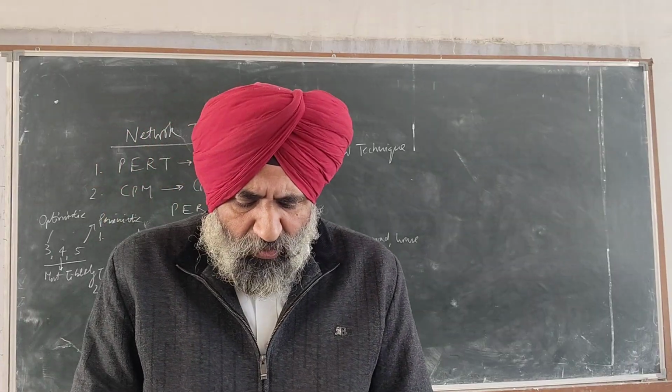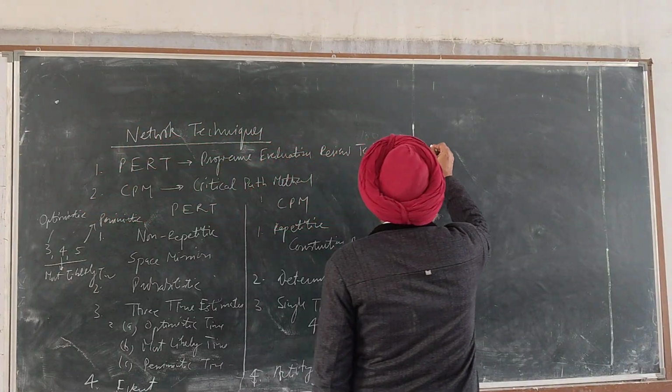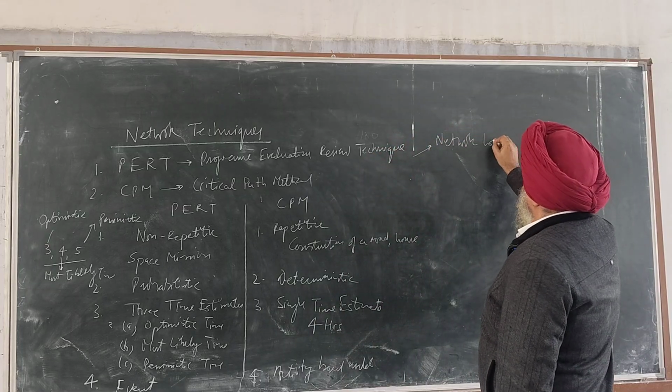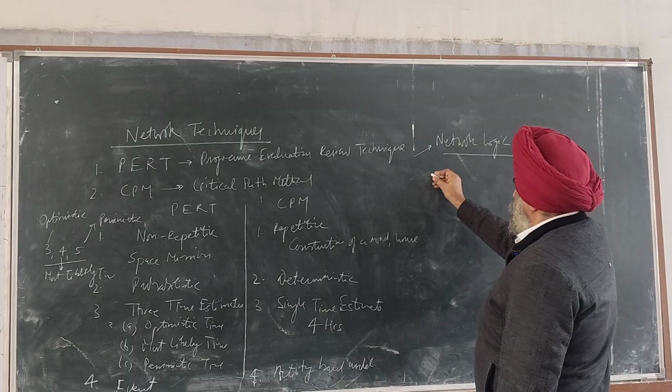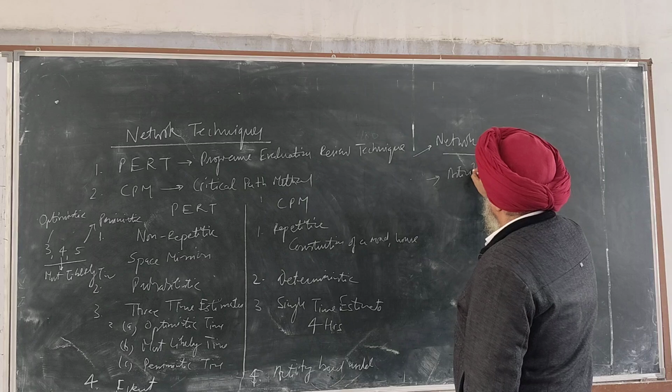Now I am talking about the network logic also. What is there in a network logic? There are a few related terms. One is called activity, another is called event.